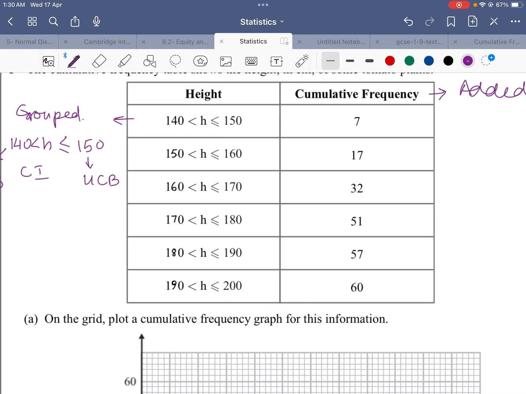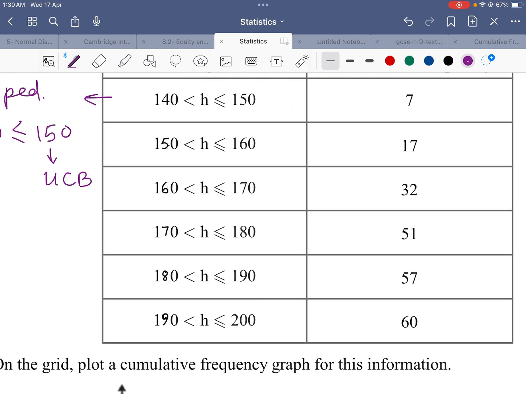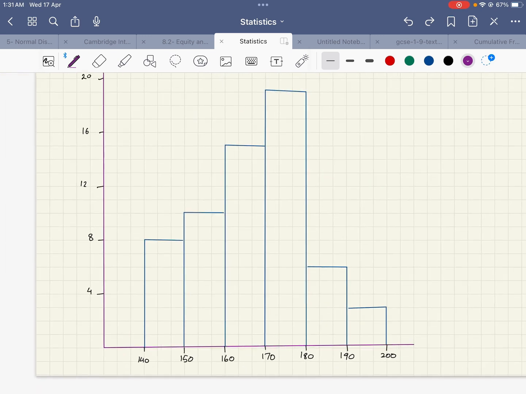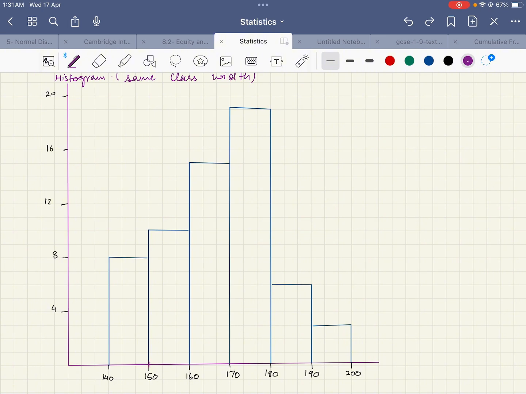Why is it called a boundary? Because the ending of the first class and the beginning of the second class are the same. If we draw a histogram using this data, it will create a boundary wall.